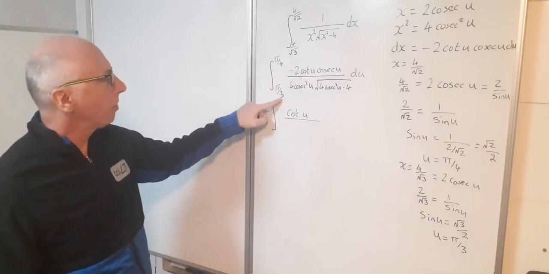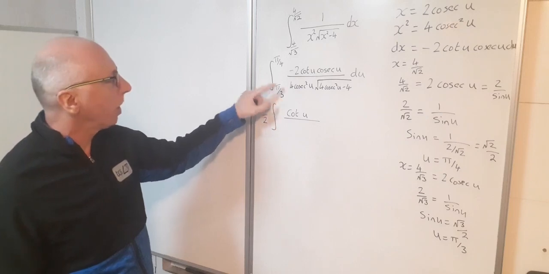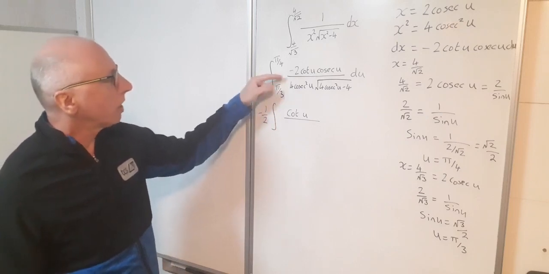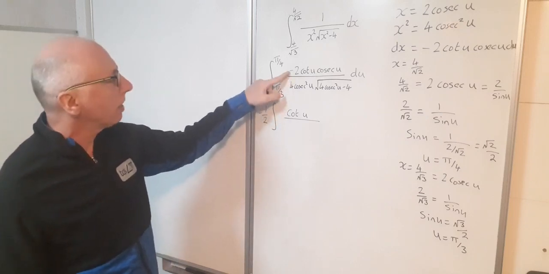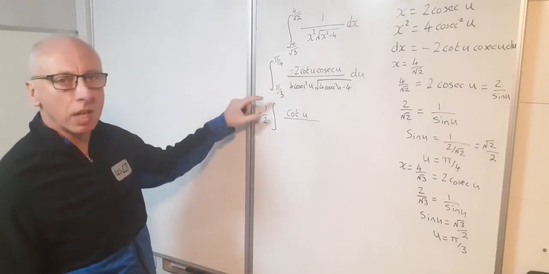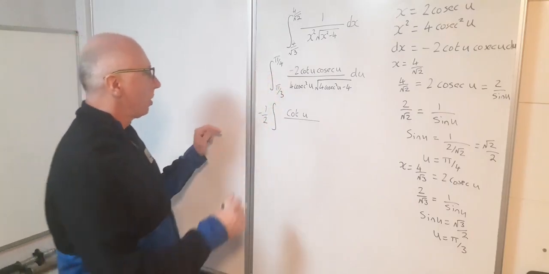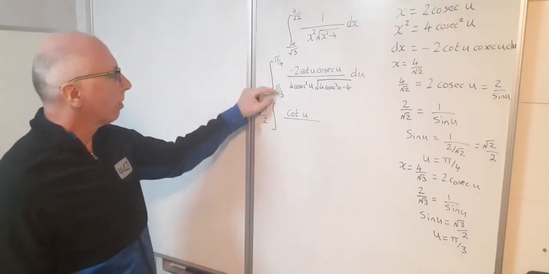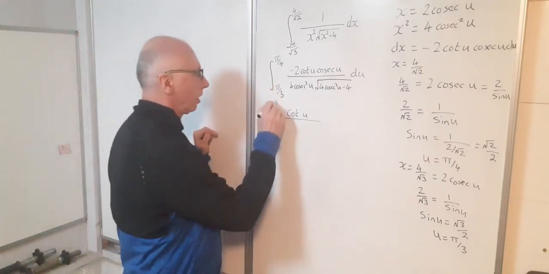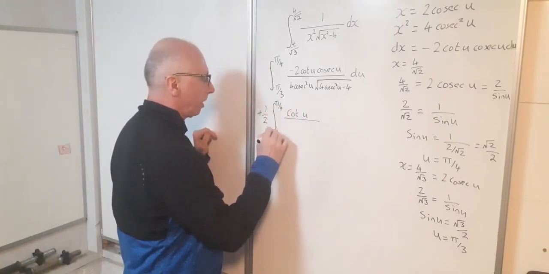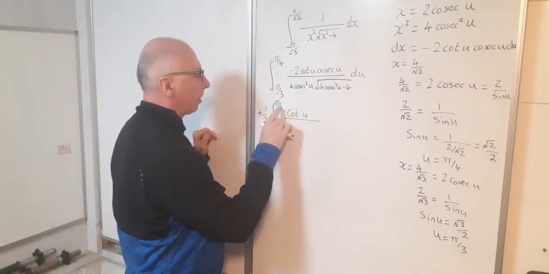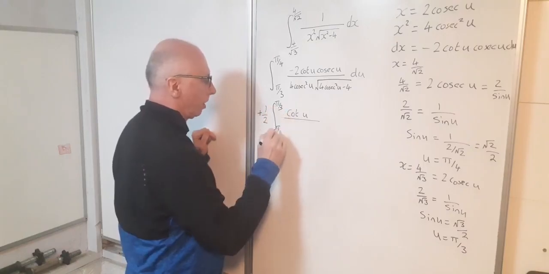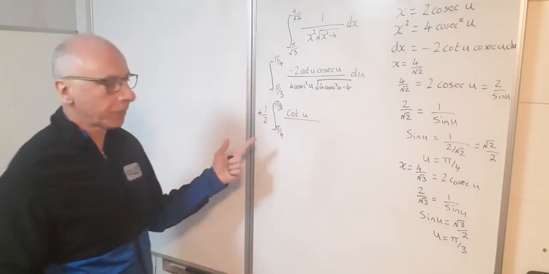Pi over 3 is obviously slightly bigger than pi over 4, so that would give me a negative integral, but with this negative here, I can cancel them both out and then switch my parameters. So I turn this into a plus, and then I can put pi over 3 as my upper limit, pi over 4 as my lower limit.